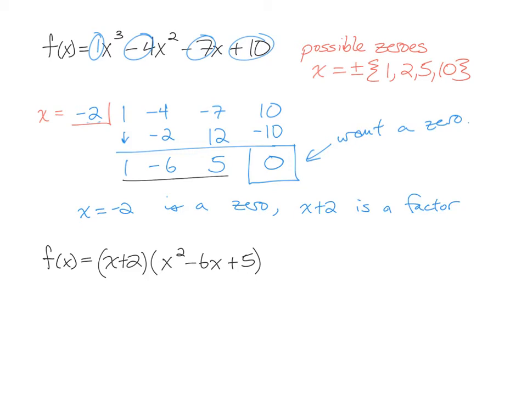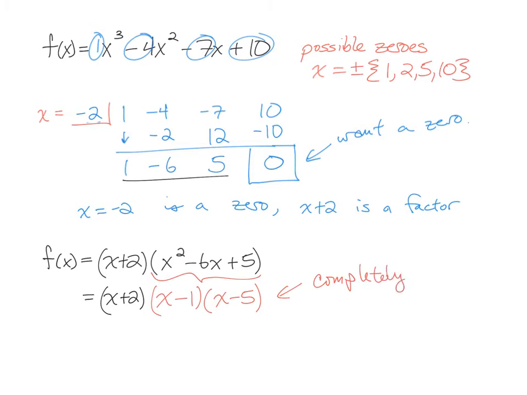In this case, yes, so you can factor that on your own, but it factors to the following: x minus 1, x minus 5. So there, we have completely factored f of x.